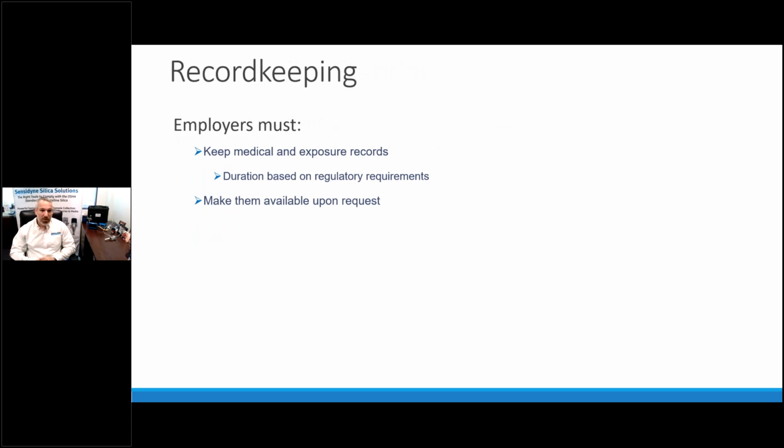Employers must keep medical and exposure records, typically for the duration of the employee's work lifetime, based on regulatory requirements. And of course, they must make them available to the employees upon request.